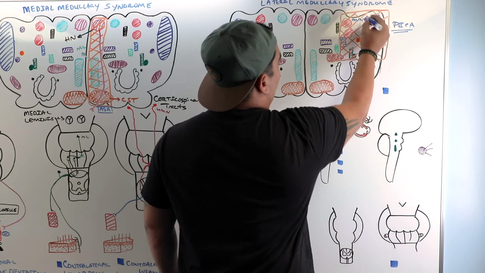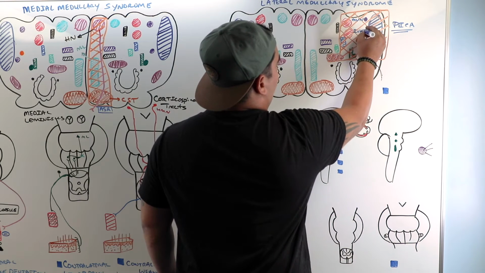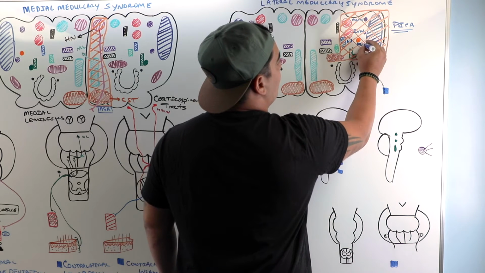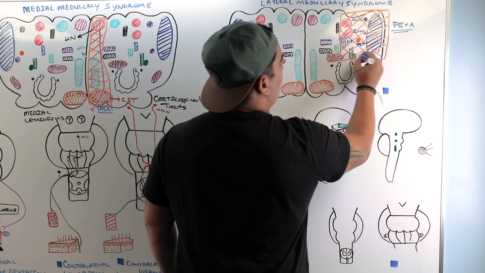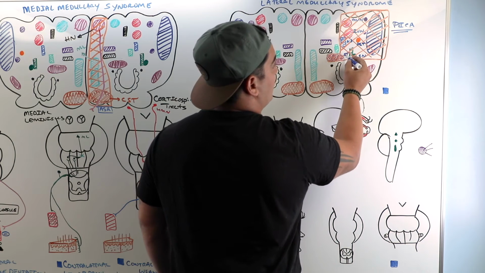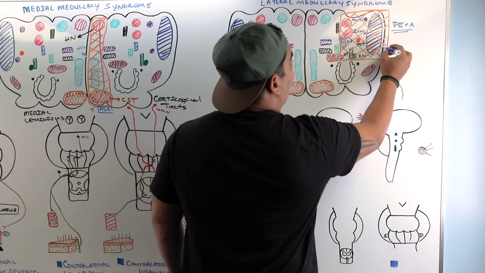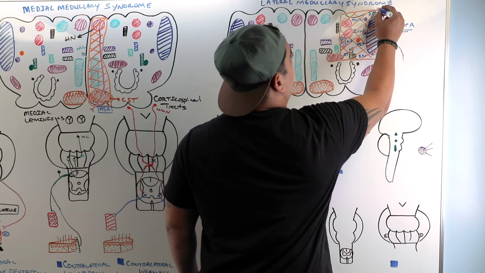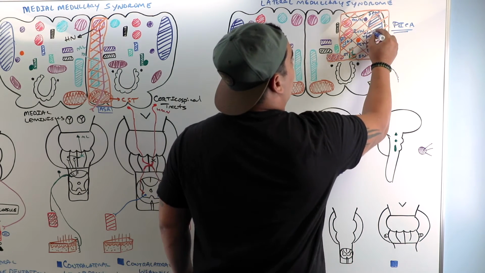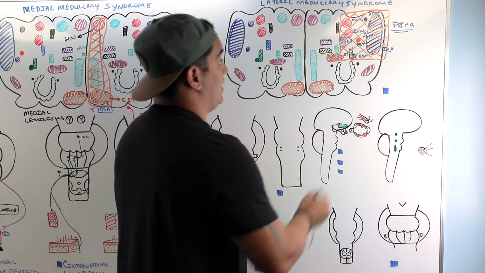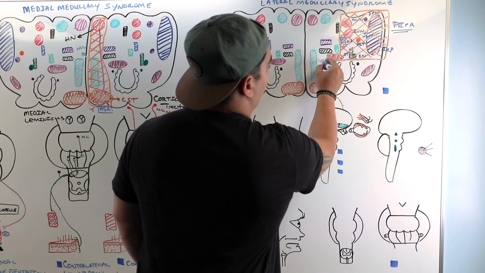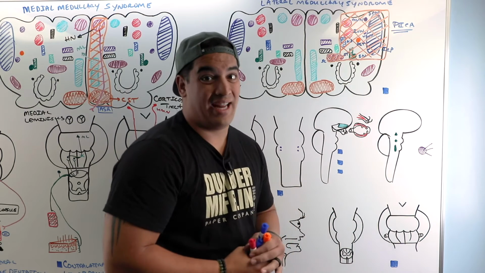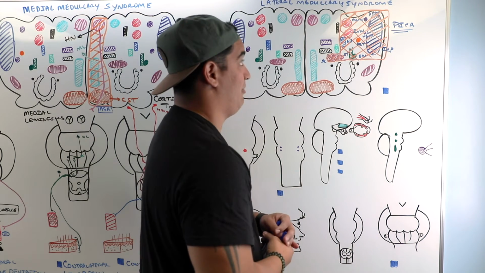The medial vestibular nucleus, the inferior vestibular nucleus, the nucleus ambiguus, the descending sympathetic tract, the spinal nucleus and the spinal tract, the inferior cerebellar peduncles, your dorsal cochlear nuclei, and your ventral cochlear nuclei. All those things. Oh, what else do we got here? Spinal lemniscus. So lots of structures are damaged here in this lateral aspect of the medulla.